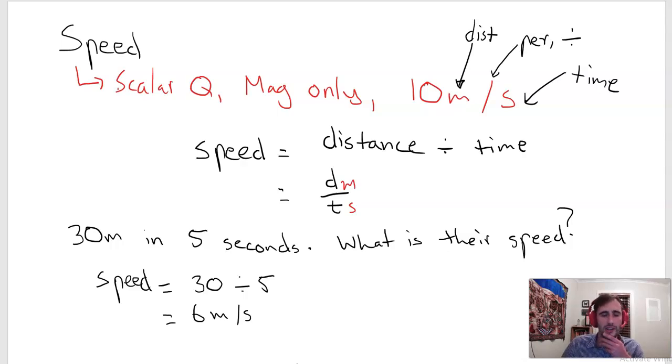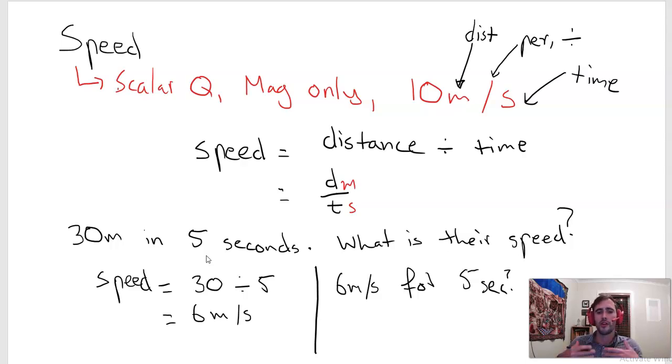Make sure that you got that unit. Now, I'm not recommending that you do it for this problem because it's pretty easy, but if it was a bit tricky and you're in a test condition or an exam and you're like, have I got it right? Well, redo it the other way. Let's say I'm going 6 meters per second for 5 seconds.